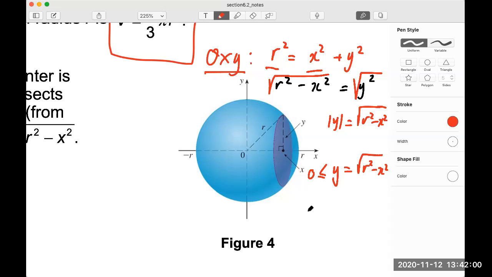If Y is negative, then Y will be the negative of the square root of R squared minus X squared. Okay, these are some relations.